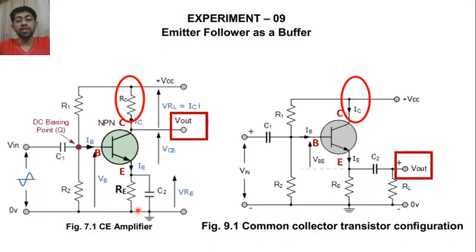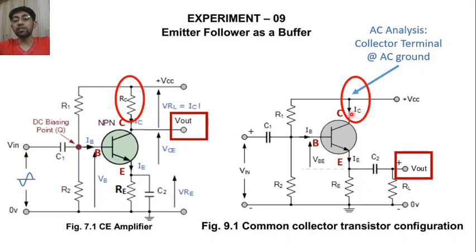Similarly, in AC analysis of this CC configuration, the collector terminal will be at AC ground, because in AC analysis this VCC battery will be grounded. So the collector terminal will be directly grounded.